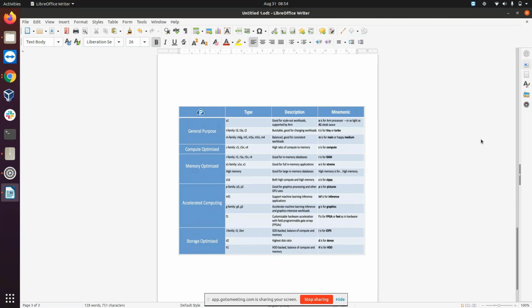One is that the virtualization type should be the same, whether it is PV or HVM, because EC2 uses a virtualization type. That is one prerequisite, and the CPU architecture should be the same.